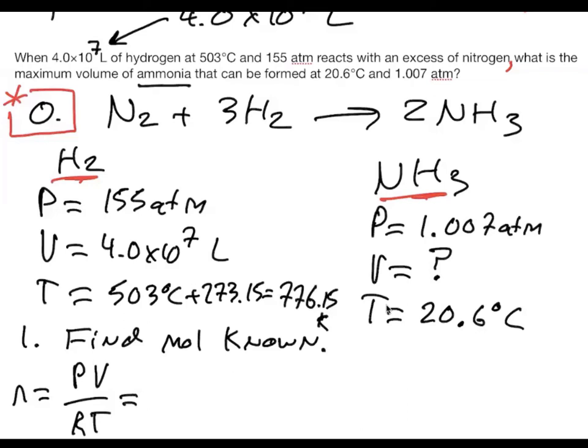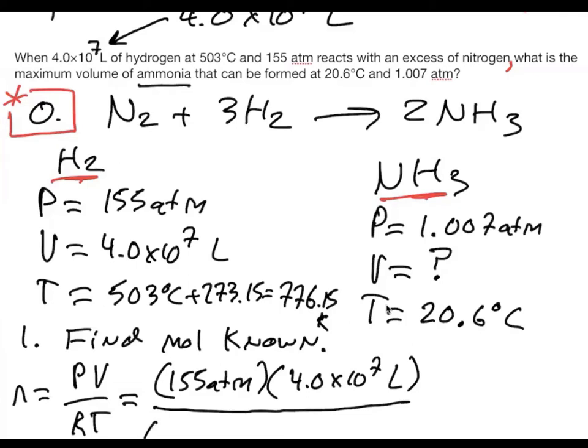Okay. So now I could plug all those in directly. So that's going to be equal to pressure, 155 atmospheres, times volume, huge volume, 4.0 times 10 to the 7 liters, divided by gas constant, 0.08205 liters times atmospheres over moles times Kelvin, times temperature, 776.15 Kelvin, accurate to the ones place.